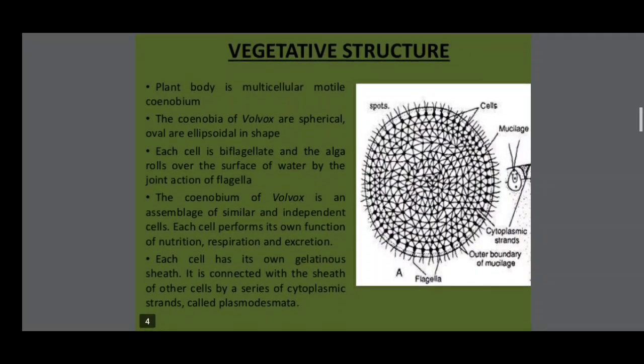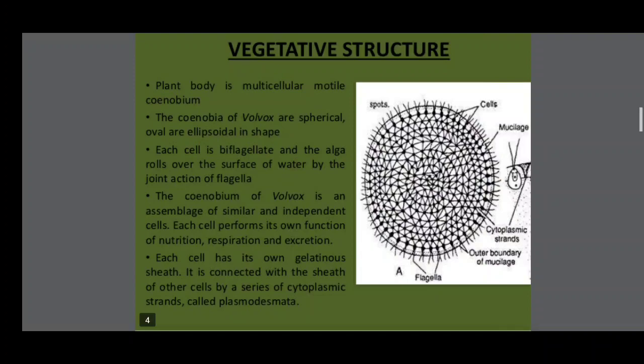Next, each cell has its own gelatinous sheath. It is connected with the sheath of other cells by a series of cytoplasmic strands called plasmodesmata. So in the coenobium, each cell has its own gelatinous sheath.